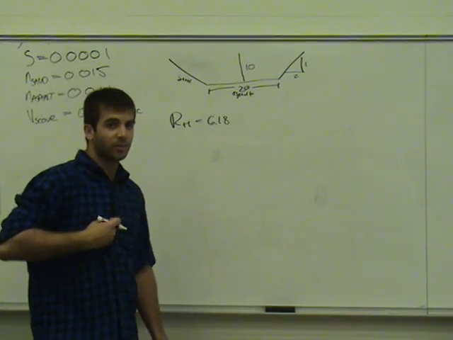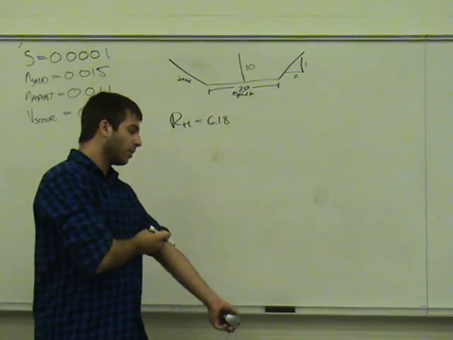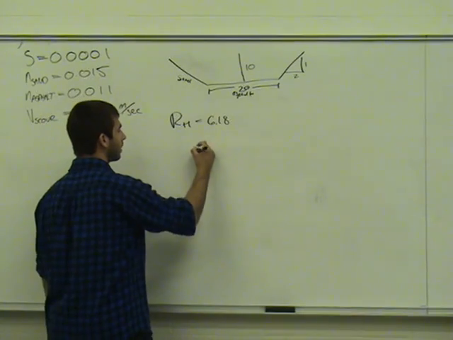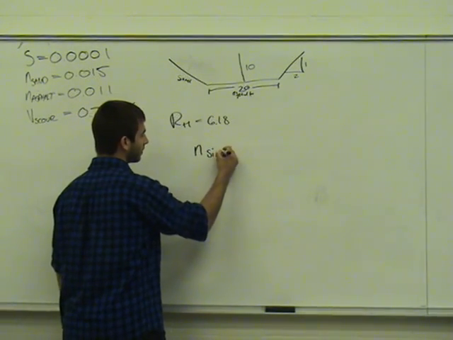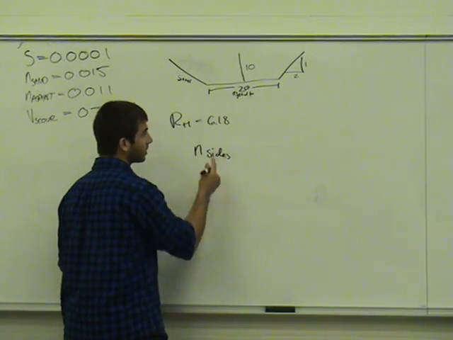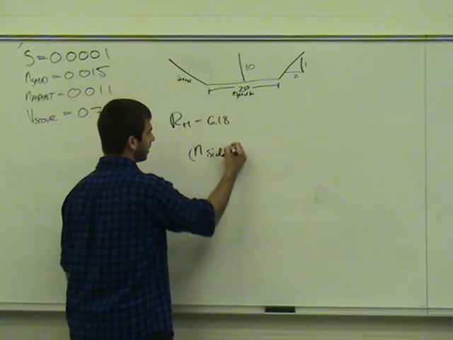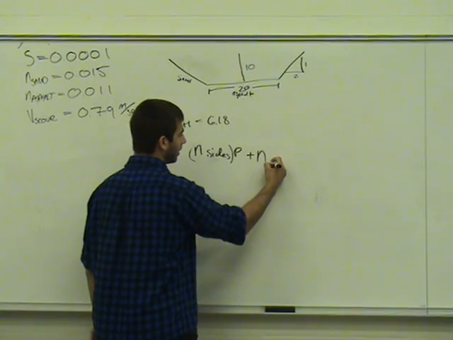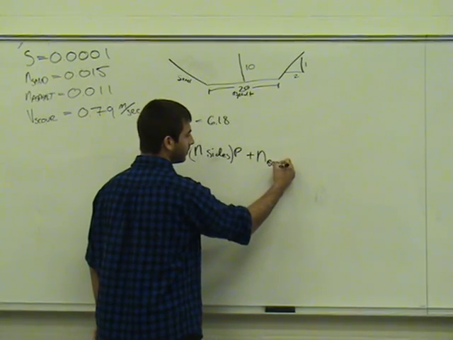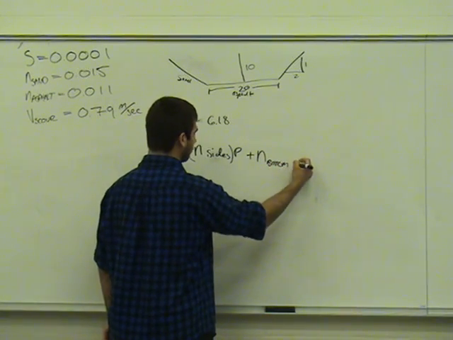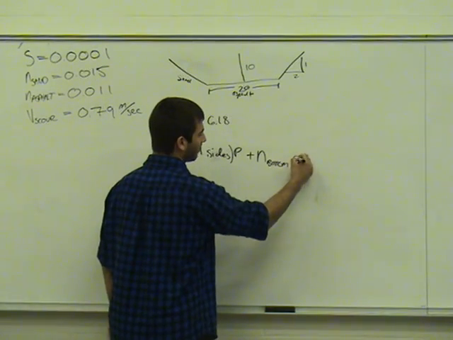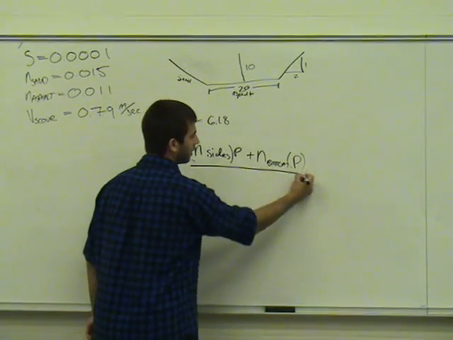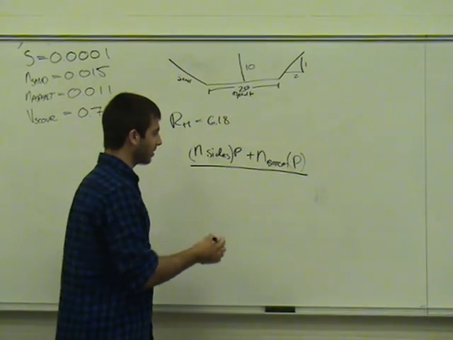So we're going to have to find a composite n, which is given by n side, which is our sand, times its perimeter, plus n bottom, which is also multiplied by its perimeter, divided by the total perimeter.